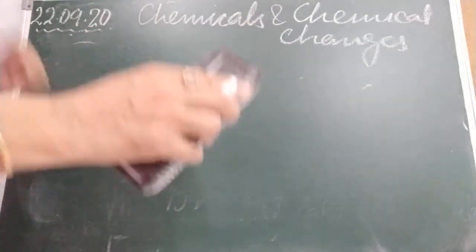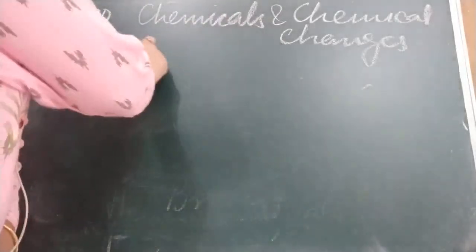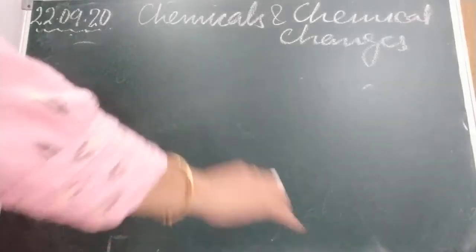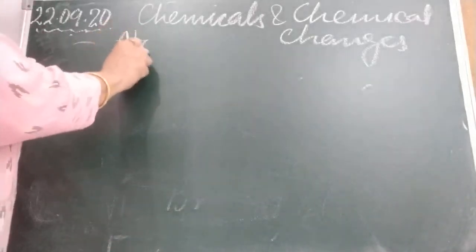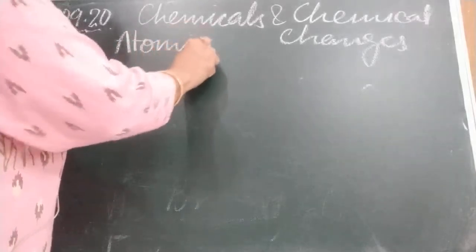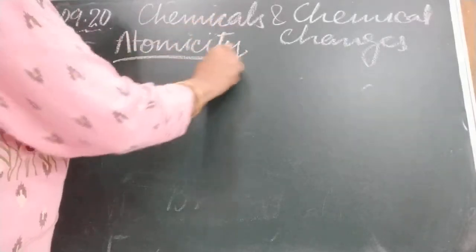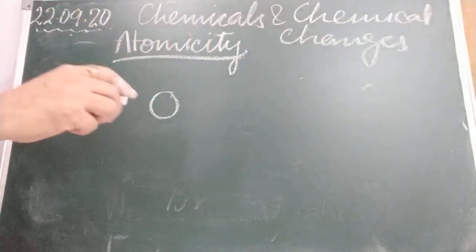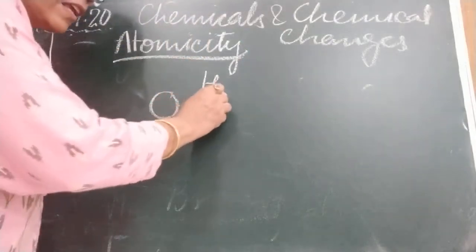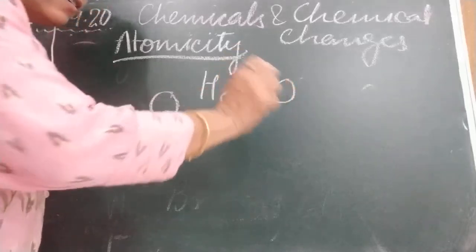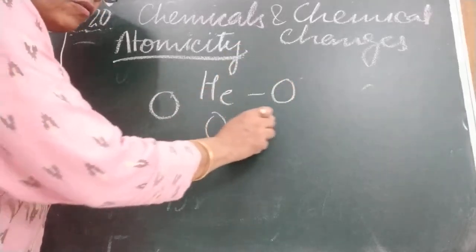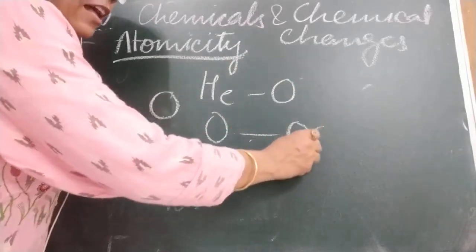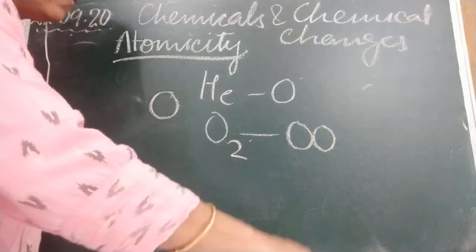Now come to the next, atomicity. What is atomicity, children? Listen carefully, atoms exist. I told you some atoms exist alone like helium. One atom can exist. But oxygen, no. One cannot exist. It attaches with another one and forms O2.